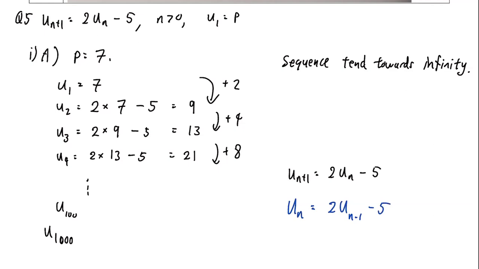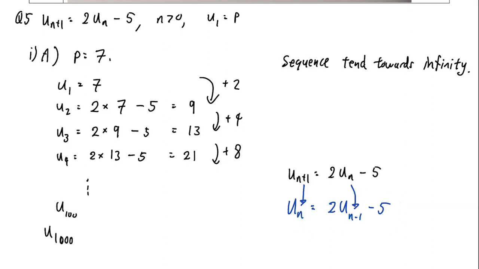Basically, the index has to decrease by 1 so that on the left side, it's an n. So this right-hand side is what we will be keying into the calculator: 2 times u subscript n minus 1, minus 5.